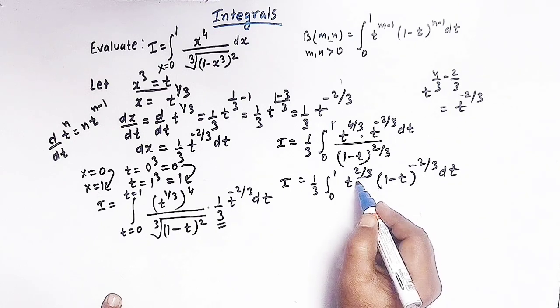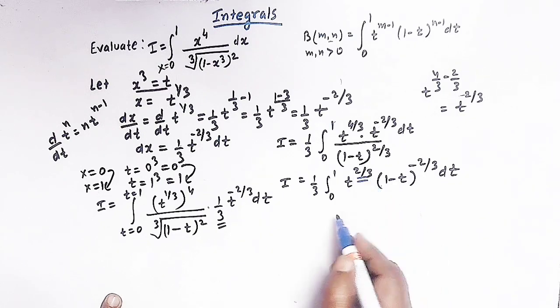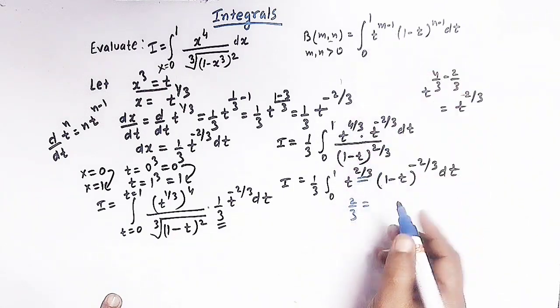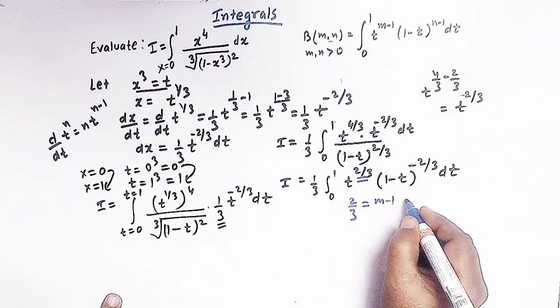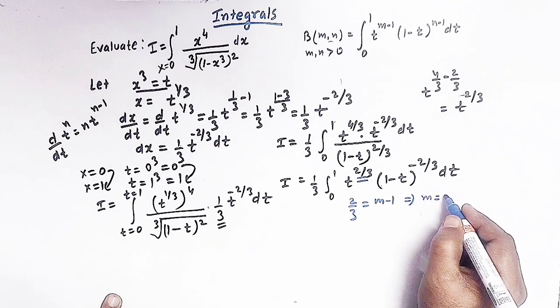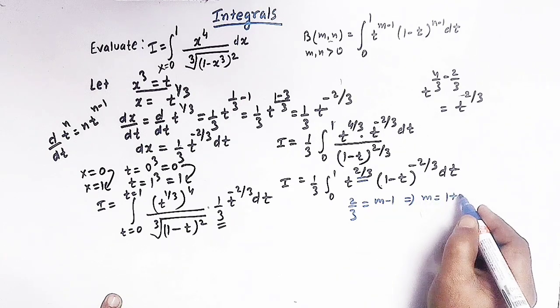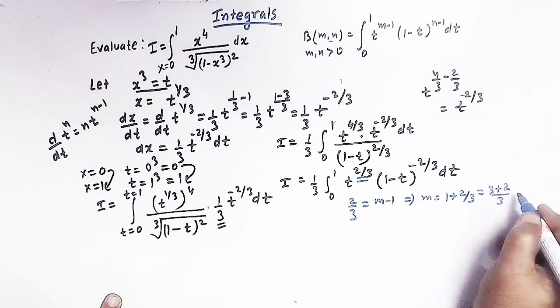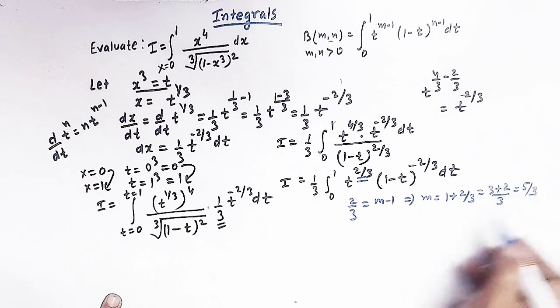So let us write this exponent, that is 2 over 3 is equal to m minus 1, right? So we can solve this equation. So we have m is equal to 1 plus 2 over 3, that is (3 plus 2) over 3, that is 5 over 3.